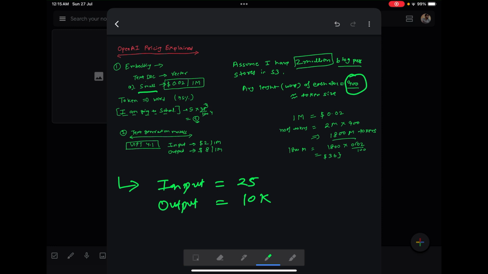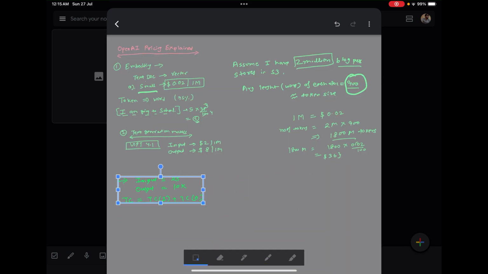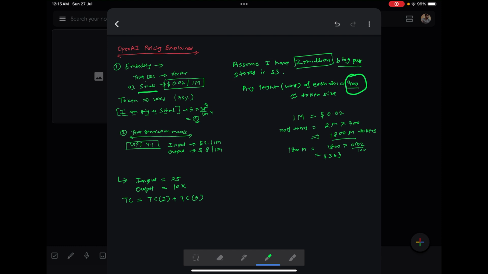Now how would I go about calculating the cost? Essentially the total cost, which is TC, would be calculated as total cost of input plus total cost of output. This formula we are going to keep in mind. So what is the cost of this?